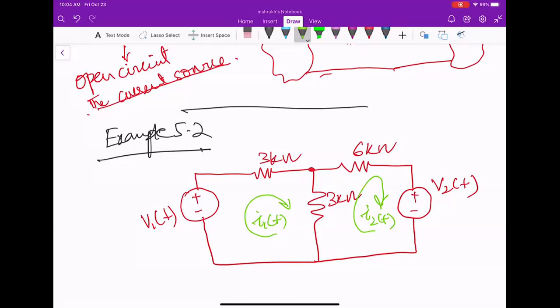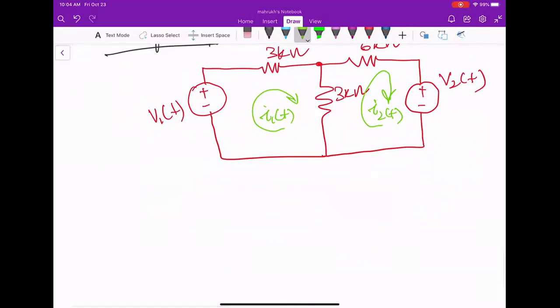And then I will compare that with what I get if I do it with the principle of superposition, whether my calculation agrees or not. So using KVL for this network, I'll write just the equations.